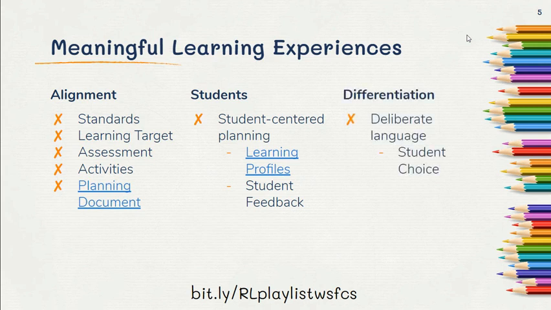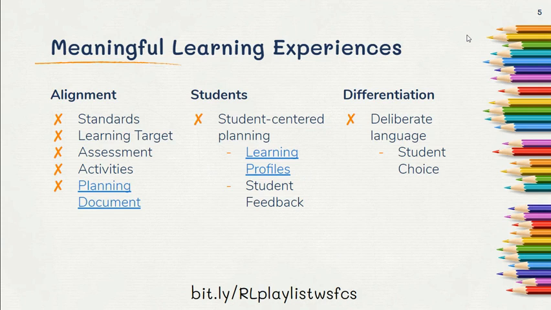Also, as teachers become comfortable in the creation of playlists, really thinking about how we begin to differentiate to meet the needs of the students in our classroom. We try to be very deliberate about the language that we use in talking about the non-negotiables of our playlist.